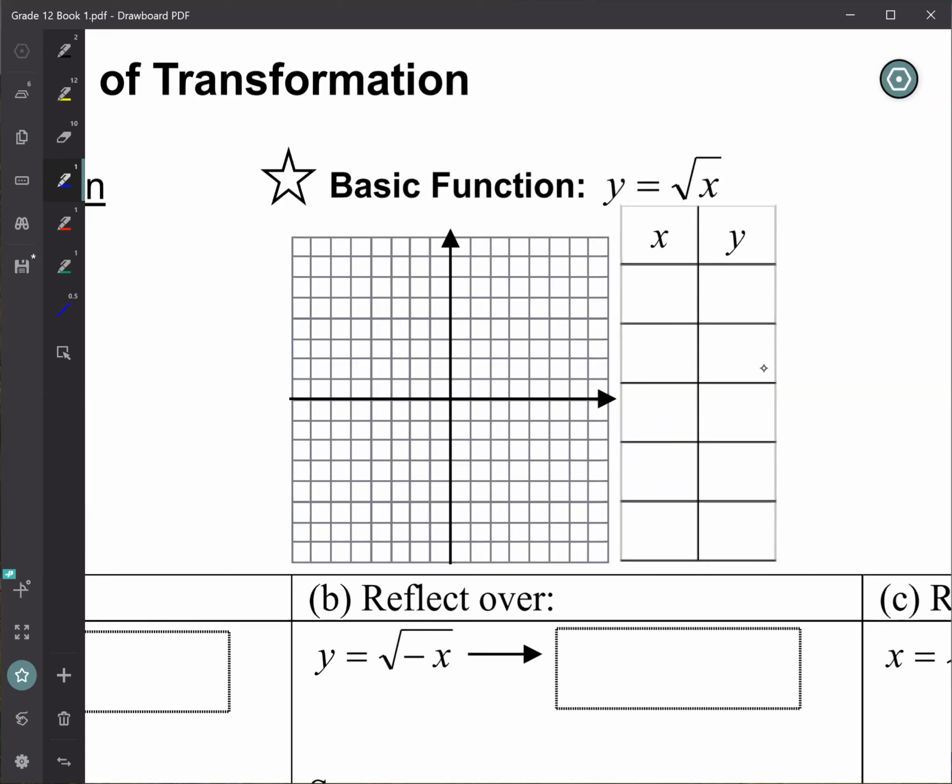Remember, this is the one that doesn't use the -2, -1, 0, 1, 2. Okay.